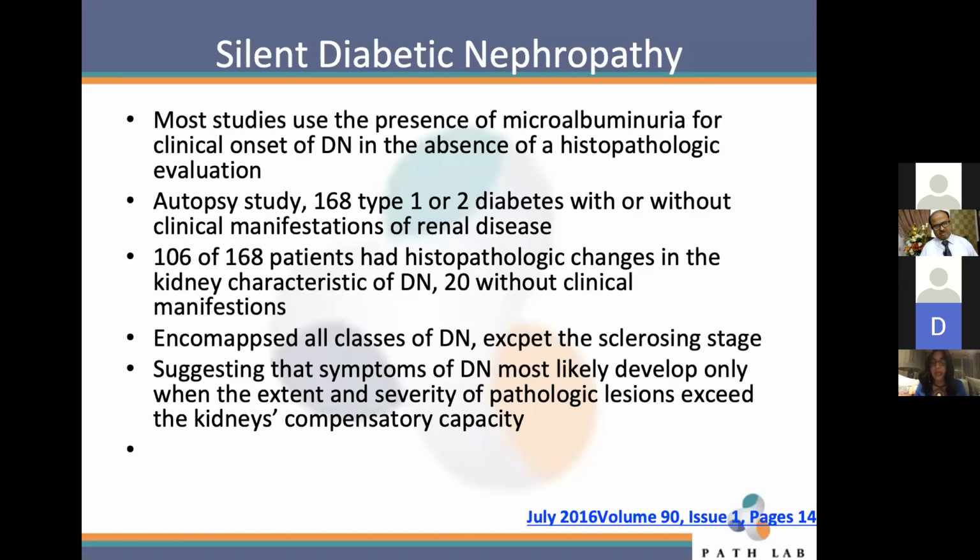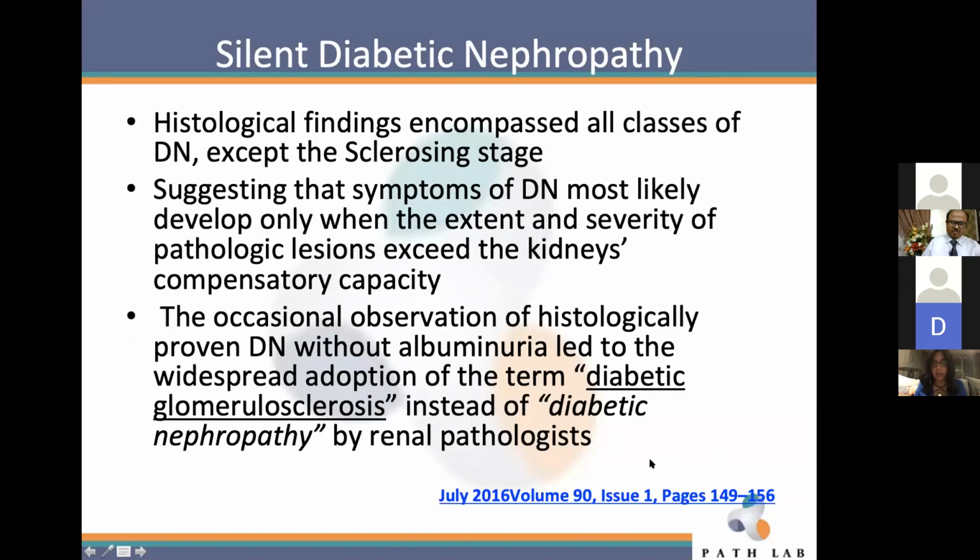And this is an important point because we do know that serum creatinine is a bad marker for chronic changes, and it seems that microalbuminuria as well is not a very sensitive marker for early diabetic changes. So these lesions were considered, is this a silent diabetic nephropathy? Because these patients did not present with microalbuminuria.